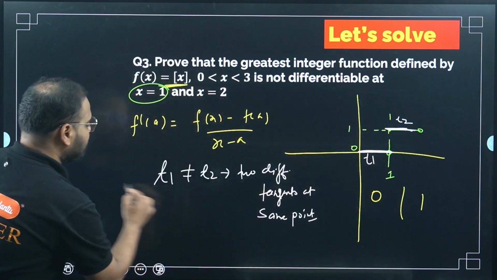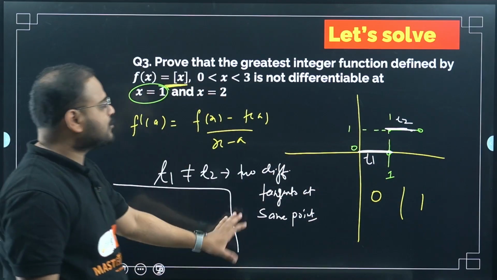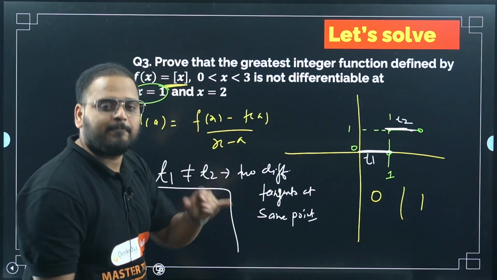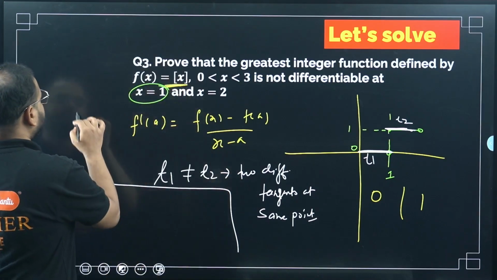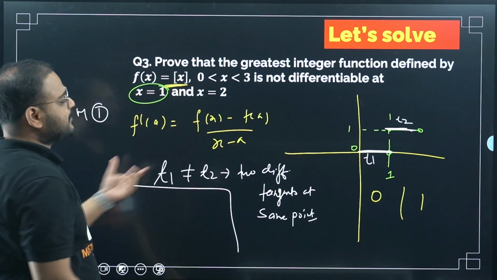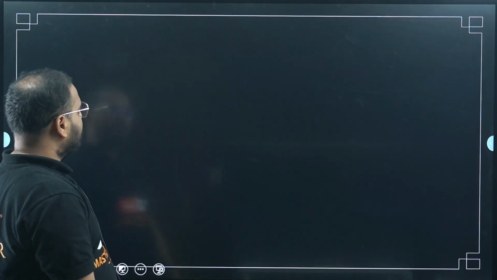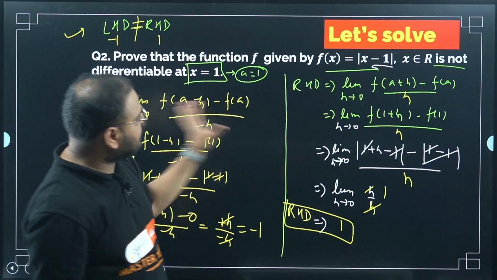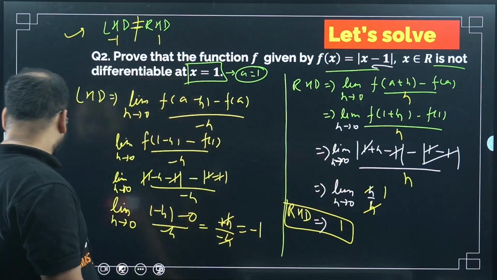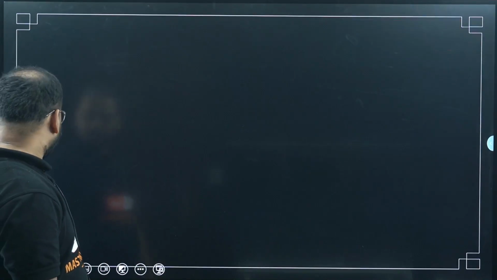So the first thing is to know from the first principle. Three methods. Method number 1, from the first principle: apply this principle, find the LHD and RHD the way I did here. You'll get them not equal to each other, so not differentiable.